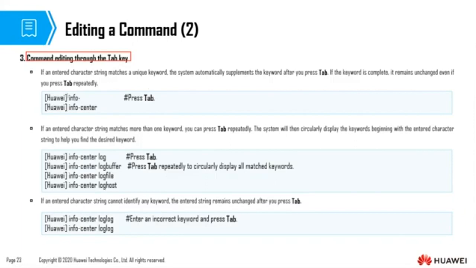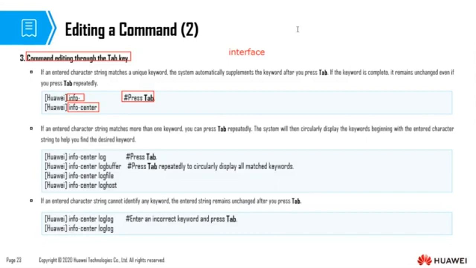For example, if you type info hyphen and you press tab on your keyboard, it will autocomplete to the full command word info center. If I type int, then I press tab on my keyboard, it is going to autocomplete that to interface because there is no other keyword that starts with int. So that is one way of doing it.